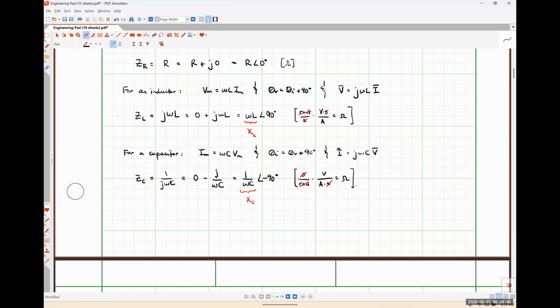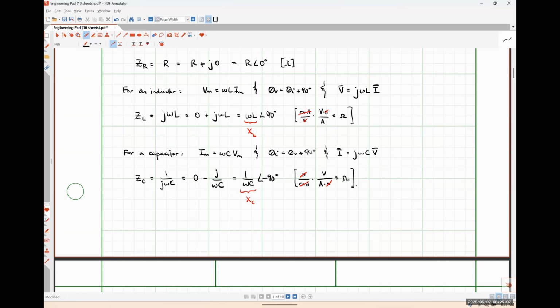So what we can do now is take what we learned about phasors from Monday's class and what we learned about impedance from today's class, and put them together to effectively transform our circuit from the time domain into the frequency domain.